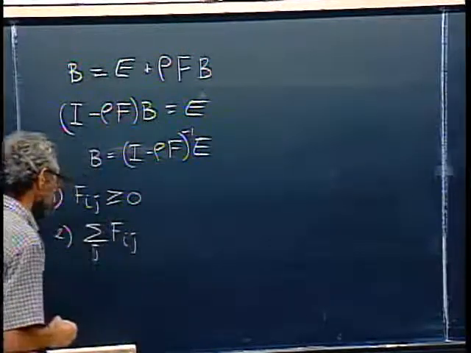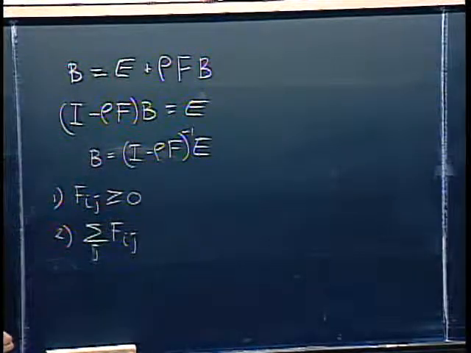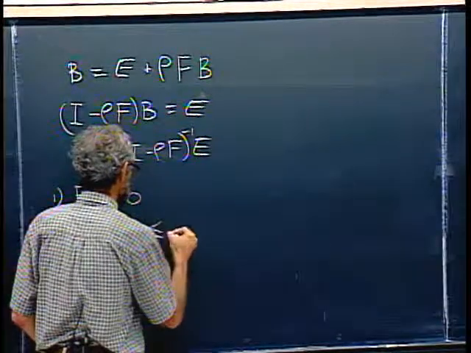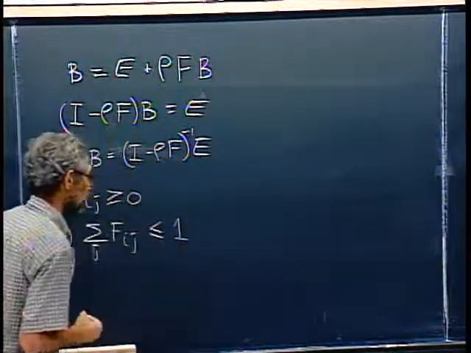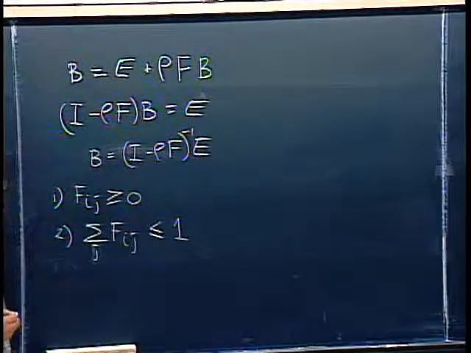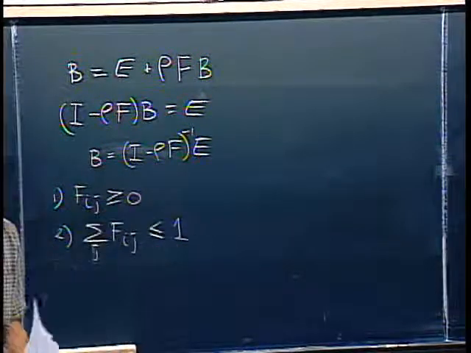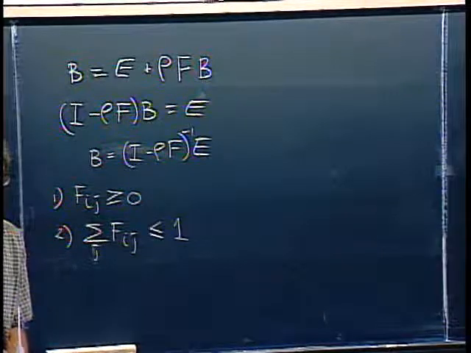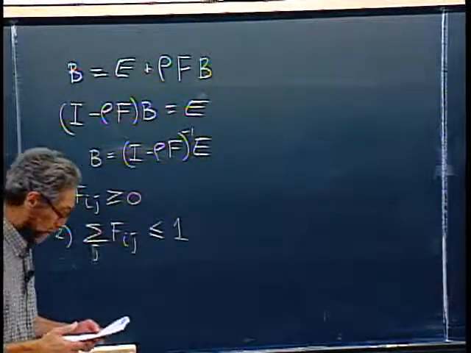That means the sum of the entries in a given row is less than or equal to 1. In fact, it will equal 1 if you're entirely surrounding the scene. You know, no open windows through which you can see outer space that energy can go out of.